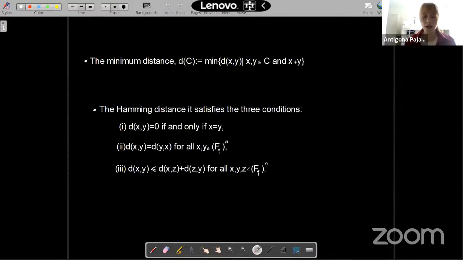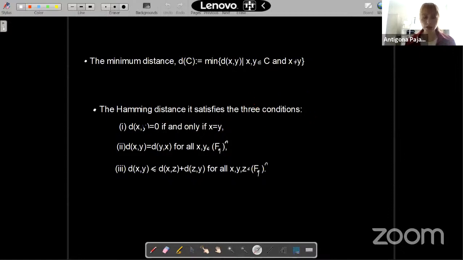When we are checking the distance between the two code words, we will always have a minimum distance. We denote the minimum distance by d(C), and we see that this Hamming distance satisfies three conditions.